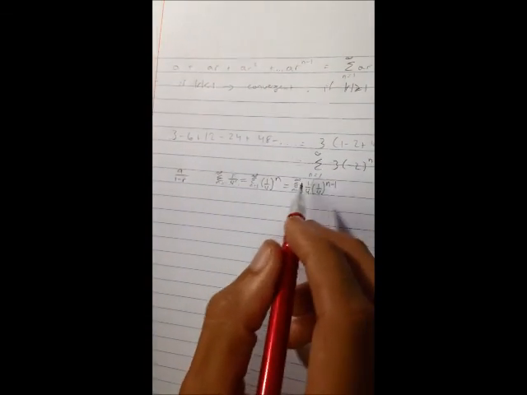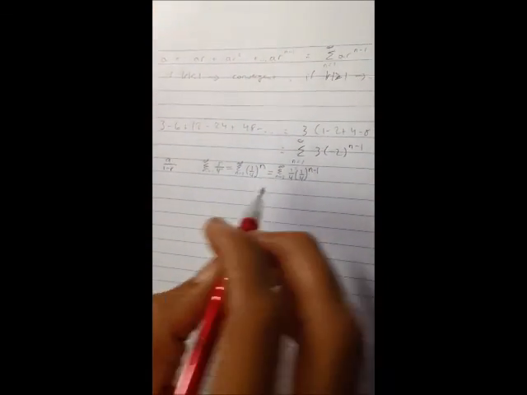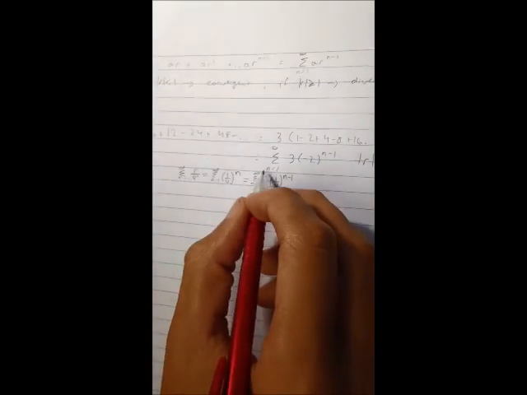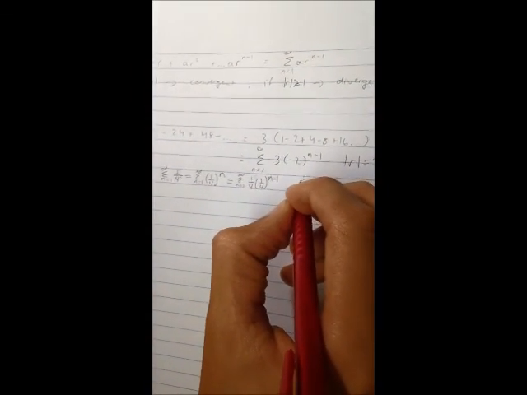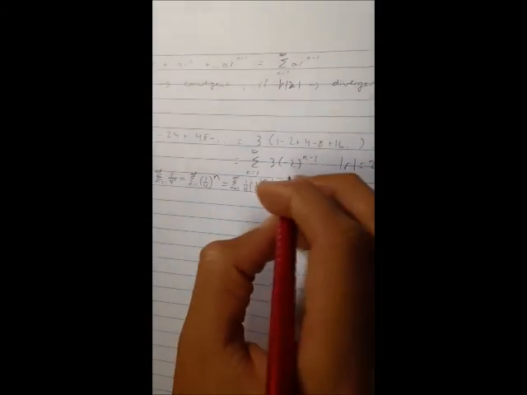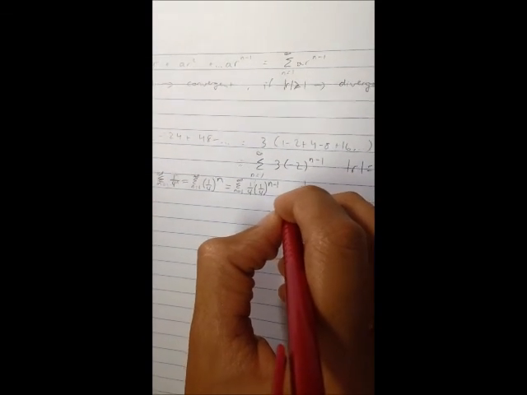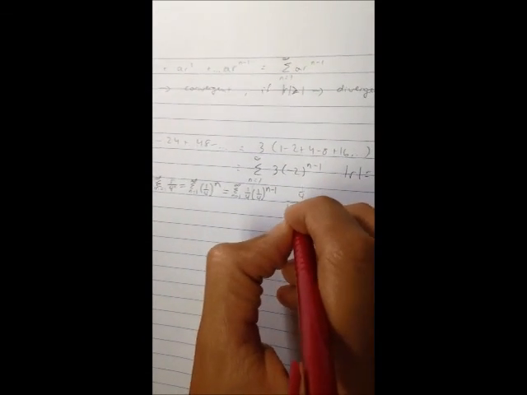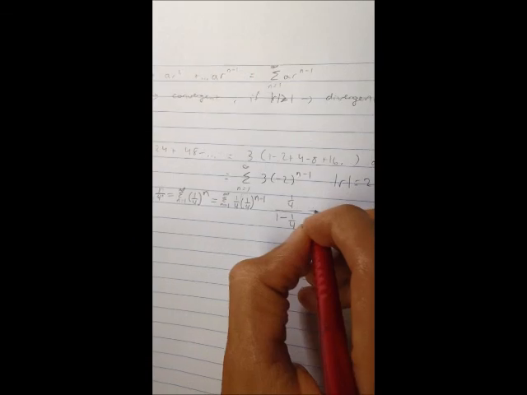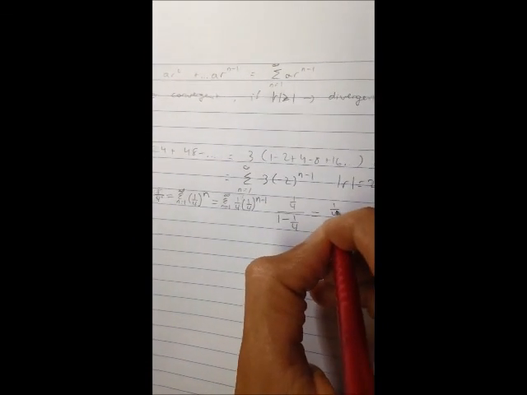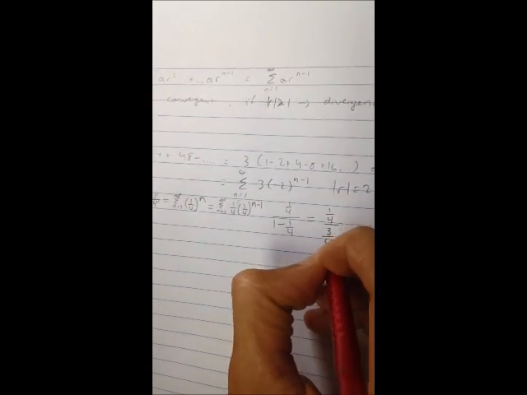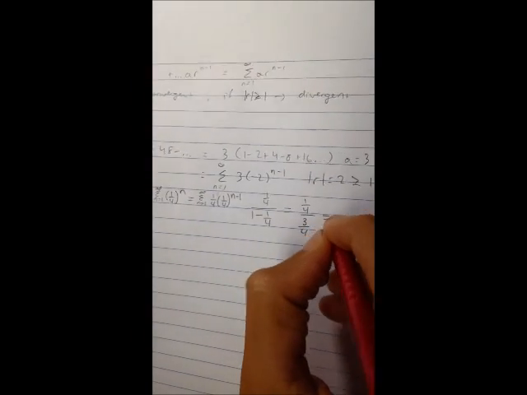So then let's plug it into our formula from the beginning to find out what this geometric series converges to. We get a is 1/4, over 1 minus r, which is also 1/4. So we get 1/4 over 3/4, which is simply 1/3.